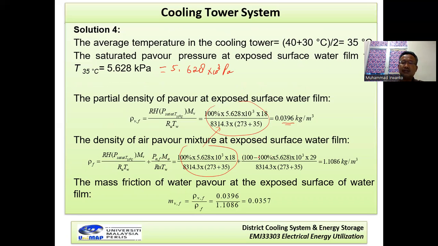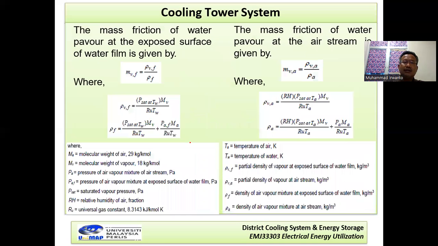Look here: 100% minus 100% multiplied by 5.628 multiplied by 10 power 3, multiplied by 29. MA comes from here, 29.